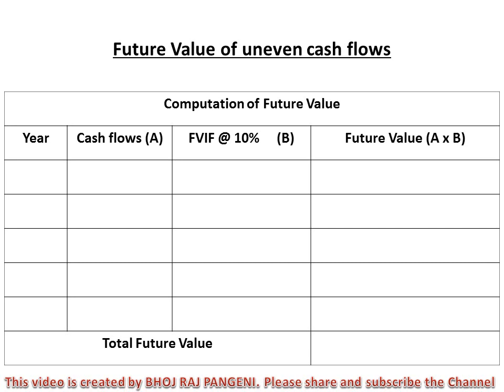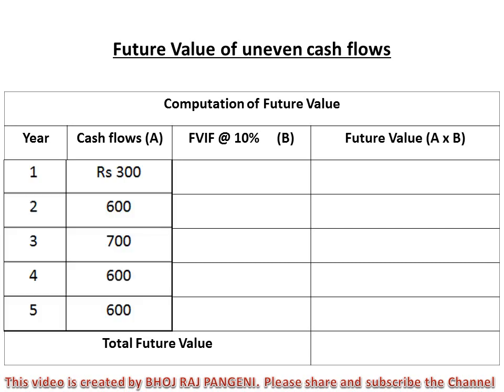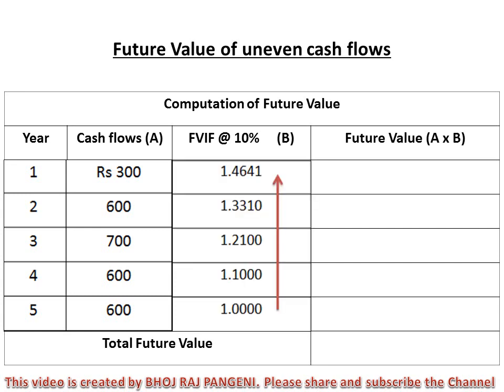Don't use the factor for annuity. So with FVIF at 10%, the future value equals A into B. Now put the year and cash flow from the question. And again the FVIF at 10% you can get, but you have to put it from below to upward.